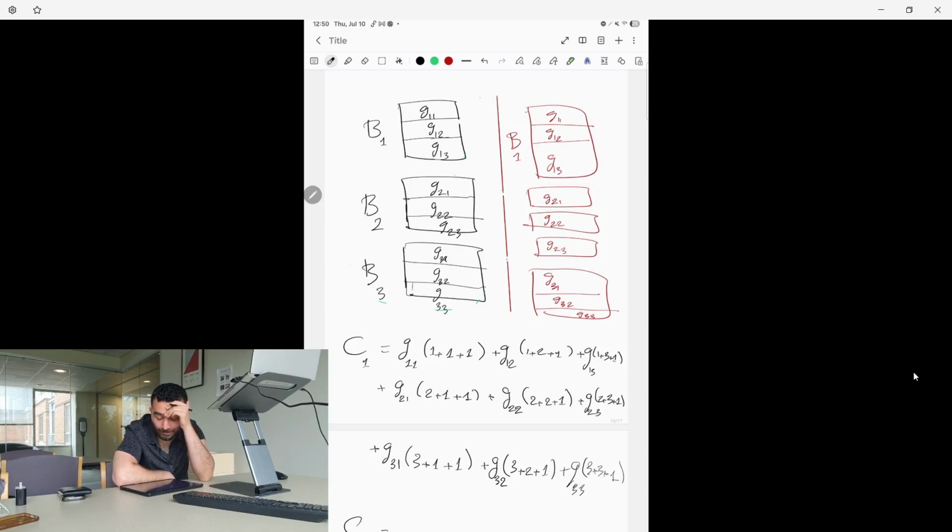So for example, G21 should be N1 plus 1, N1 plus 1. It should be G21 should be N1 plus 1 plus 1 plus 1. G22 should be N1 plus 1, N1 plus 2.